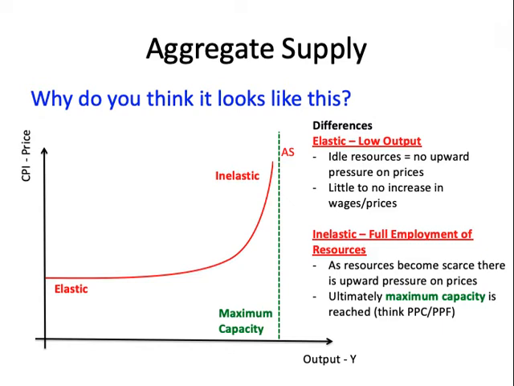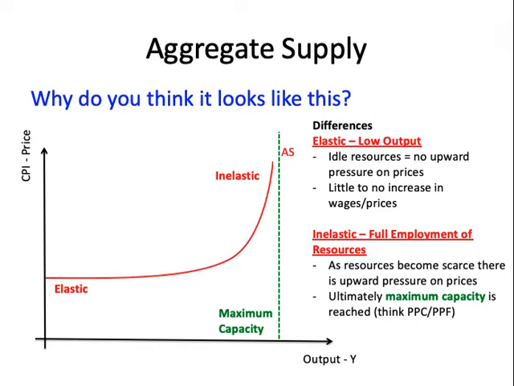As scarcity happens more, our pursuit to produce more output is going to drive prices way, way, way up, which is why, in the inelastic portion, prices start to increase very rapidly with very minimal increases in output, up to a point where a max capacity is reached. This maximum capacity line, the green line, is an indicator of when we cannot surpass that. That is a limit. That is a depiction of where the PPF would be in the production possibilities curve, right?